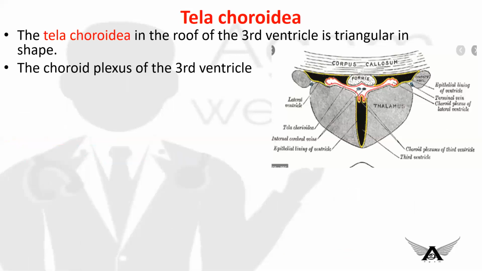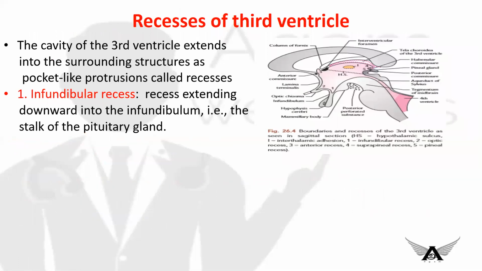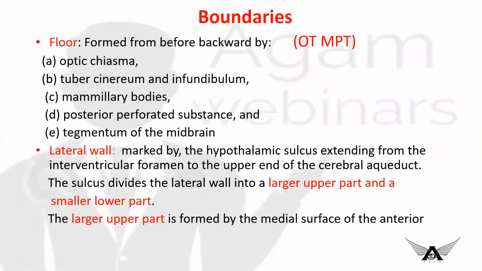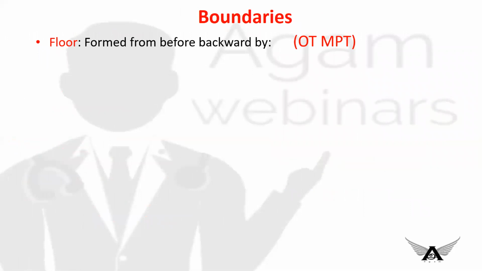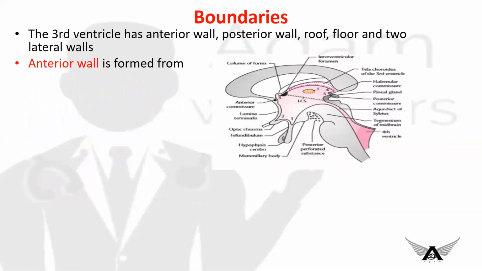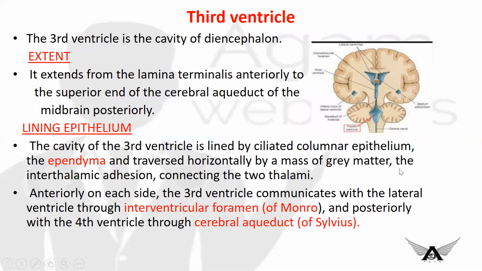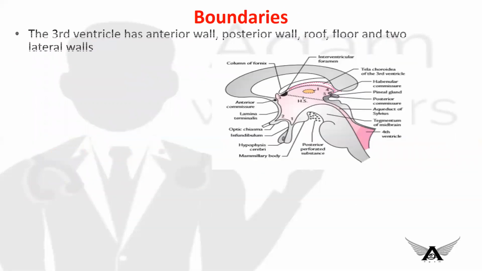So we will have a quick recap of the third ventricle. The third ventricle is a narrow slit-like cavity of the diencephalon. It has ependymal cells lining it. The lateral ventricles are connected to the third ventricle by the interventricular foramen of Monro, and the third ventricle is connected to the fourth ventricle by the cerebral aqueduct of Sylvius.